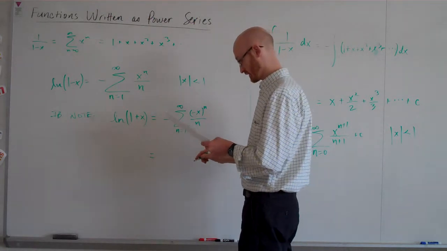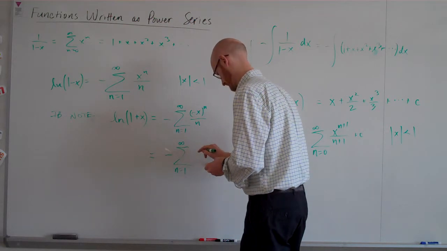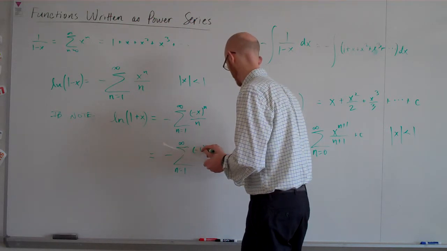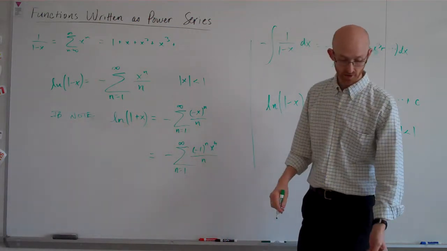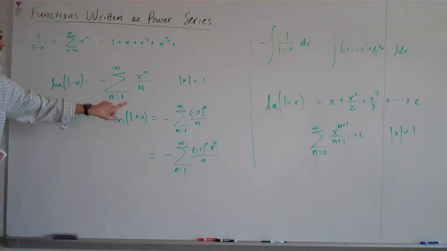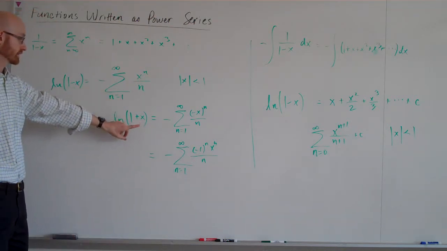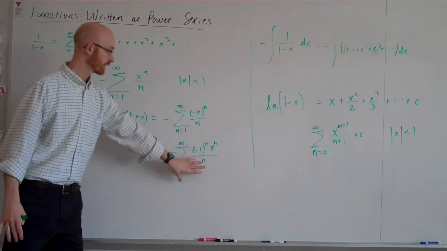So IB, rather than giving you natural log of 1 minus x, gives you, like in their curriculum guide, natural log of 1 plus x, and goes from there.